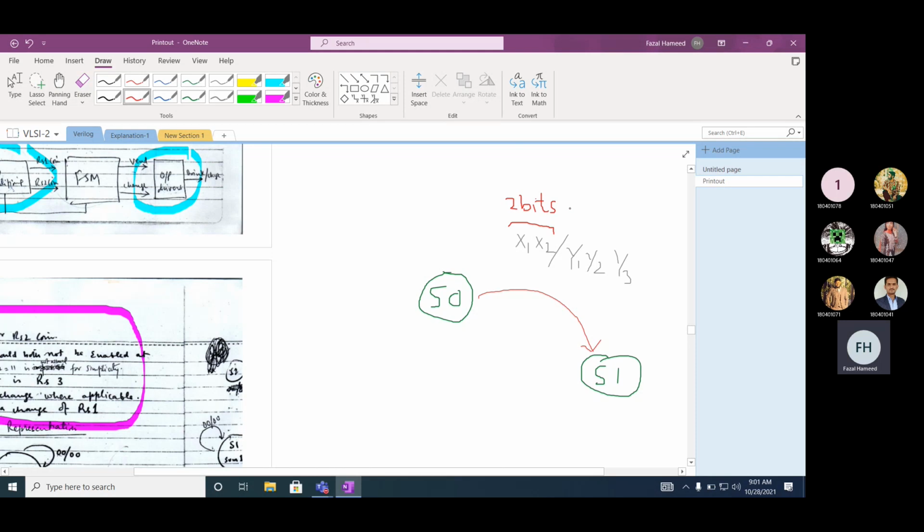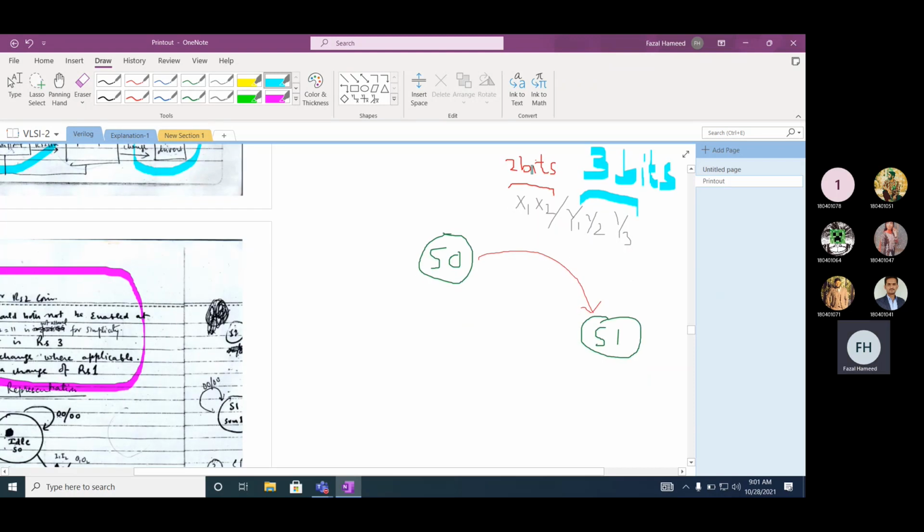So with this arrow, we have input on the left hand side and output, 3 bits, on the right hand side. Say your system is in state S0, and the input is 0, 1, 1, 0, 1. What does it imply?